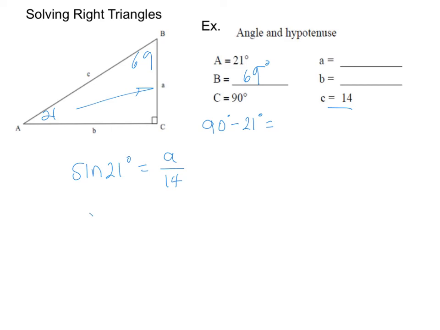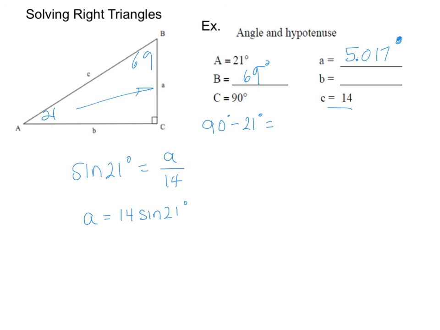Then I could multiply both sides by 14, and I get A is equal to 14 sine of 21 degrees. The answer is going to be 5.017. It's not 5, right? It's not 5. It's a little bit more than 5, okay? And that is degrees. Or that's not degrees. What am I doing? That's just the side.